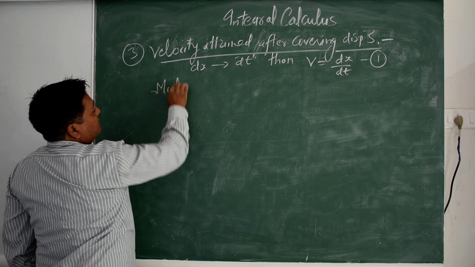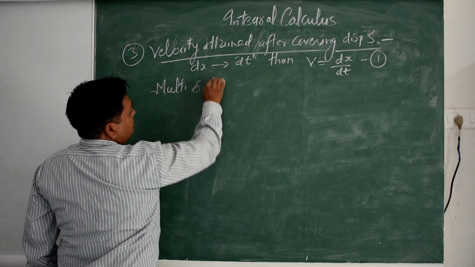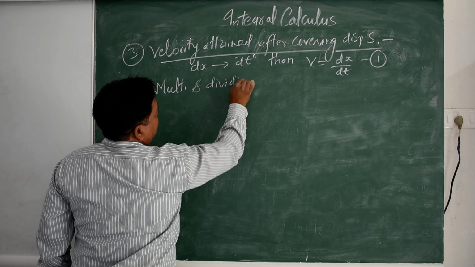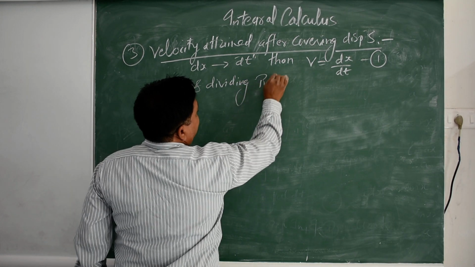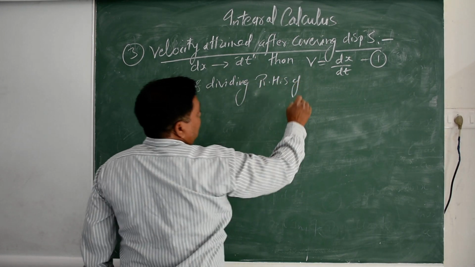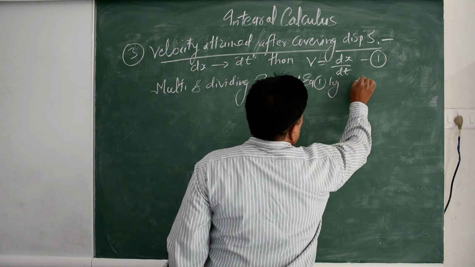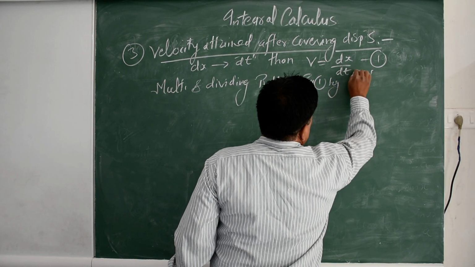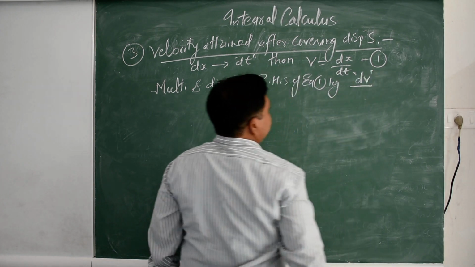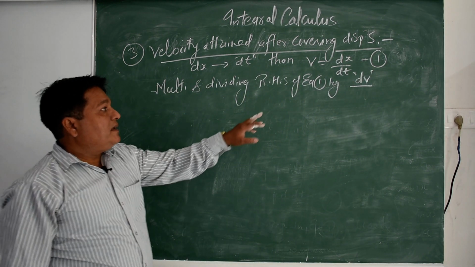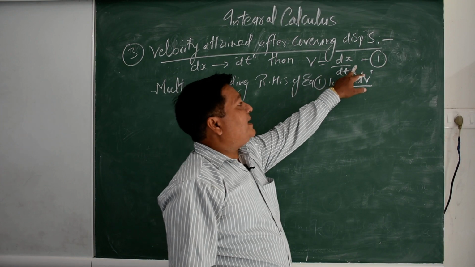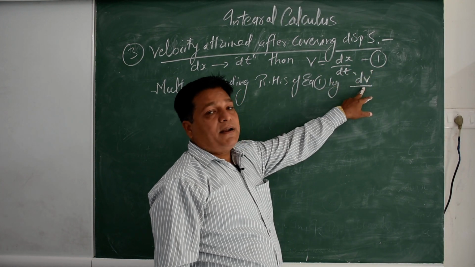Multiplying and dividing the right hand side of equation 1 by a small change in velocity dv. What are we doing here? We are multiplying and dividing the RHS of equation number 1 by dv.